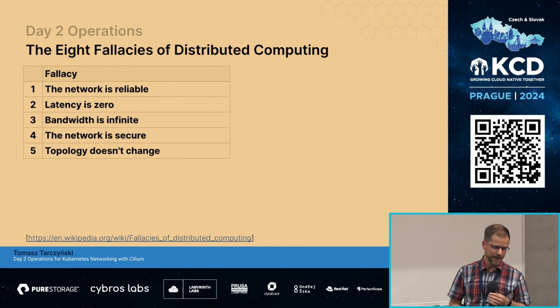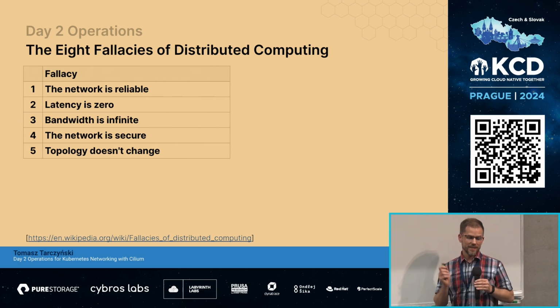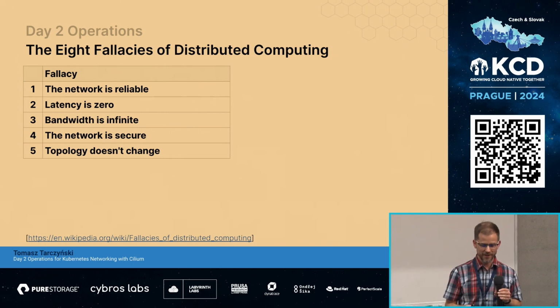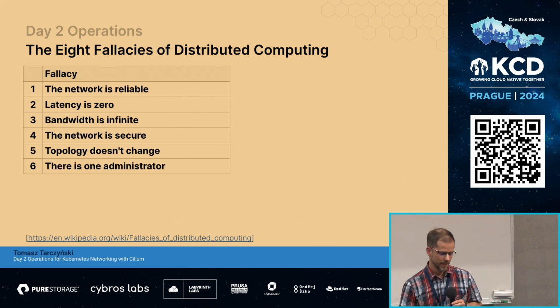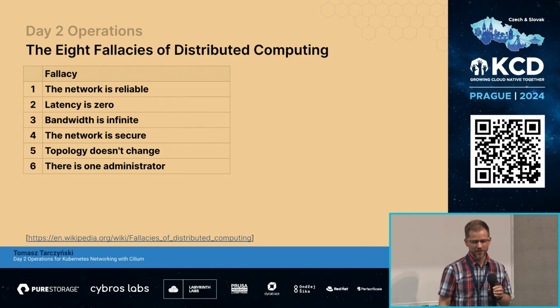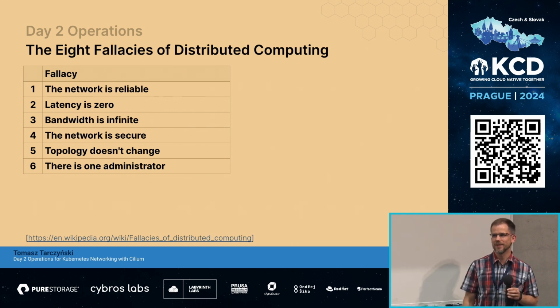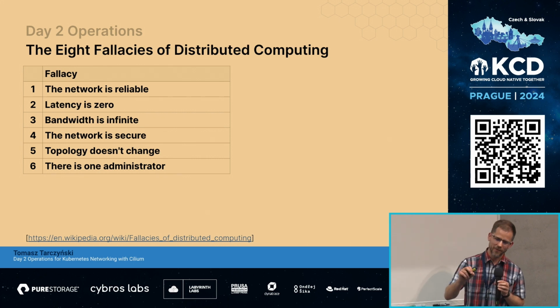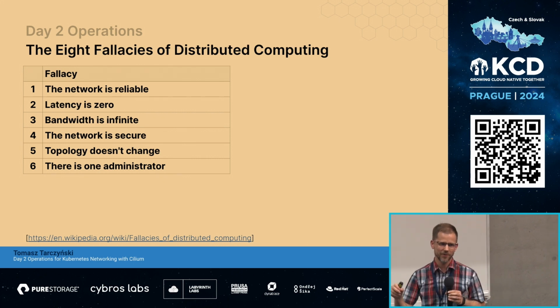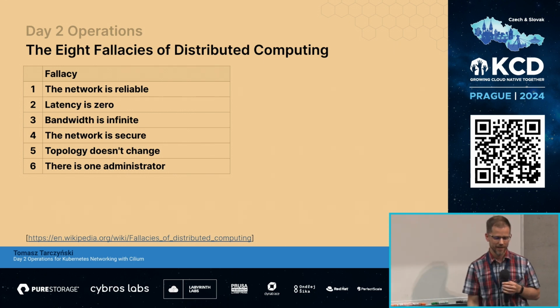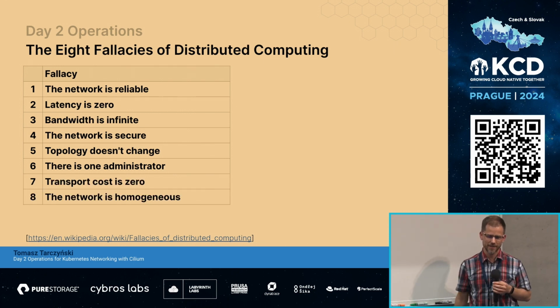Going further, people assume that the network is secure by itself, that the topology is static, it doesn't change. There is one administrator. That's one of my favorites because it assumes that there is just one person who makes all the decisions about this network, which is typically not the truth. You would have multiple teams designing and running those things.